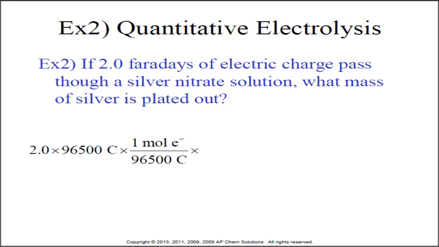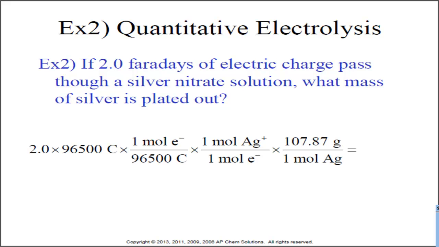So basically we have 2 moles of electrons here. We know that each mole of silver ion is going to have 1 mole of electrons. And we know that the molar mass of silver is 107.87 grams. So they did ask us for mass, and that's what we have found here.